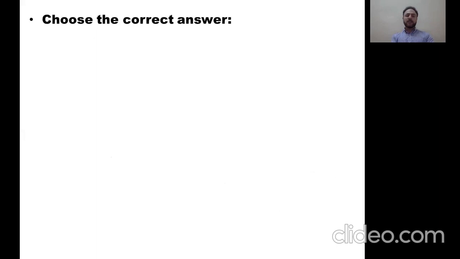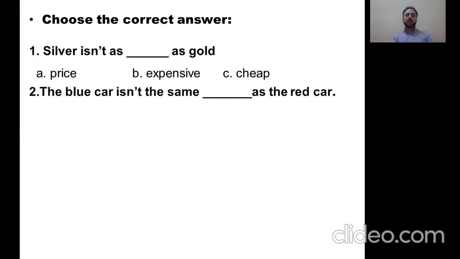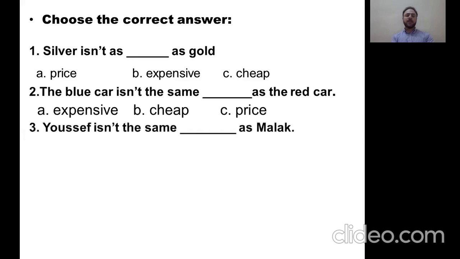Second exercise, choose the correct answer. Number 1, silver isn't as blank as gold. A, price. B, expensive. C, cheap. Number 2, the blue car isn't the same blank as the red car. A, expensive. B, cheap. C, price. Number 3, Yusuf isn't the same blank as Malak. A, smart.